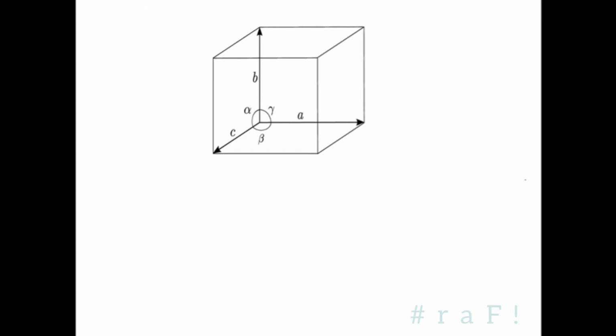A unit cell is completely represented in terms of three edge lengths, those are a, b, c, that is the axial distance of the crystallographic axis, and alpha, beta, gamma are the angles. These six, a, b, c and alpha, beta, gamma, are the six parameters of the unit cell.